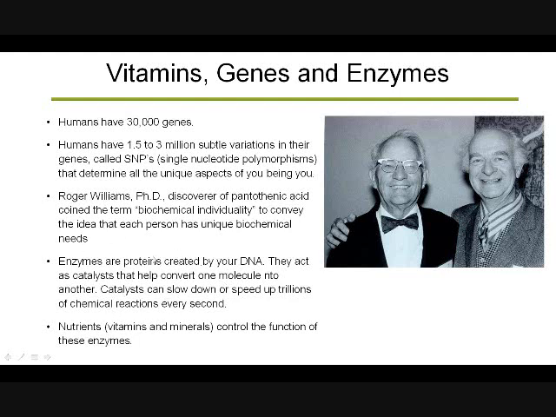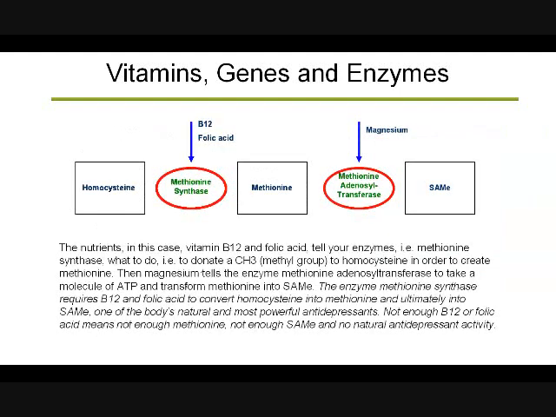The enzymes are catalysts that slow down or speed up trillions of chemical reactions. And the important part for tonight's talk is that nutrients like vitamins and minerals control the functioning of these enzymes. In other words, if we don't have the right minerals and vitamins for these proteins to bind with, they can't do their job. So that's why vitamins and minerals are so important.